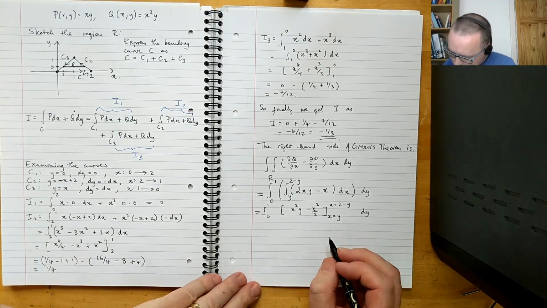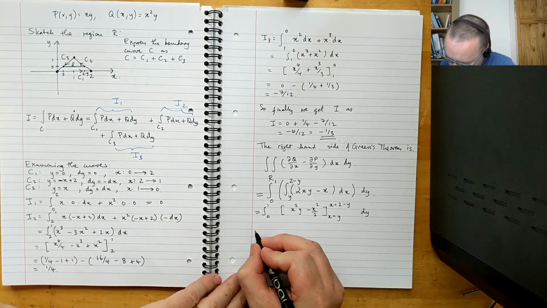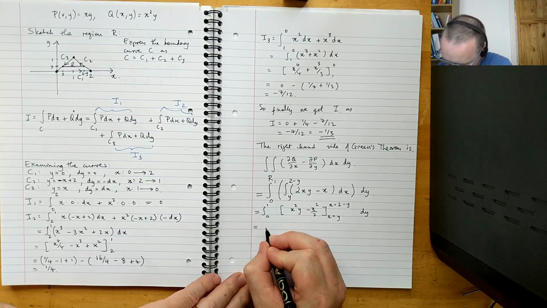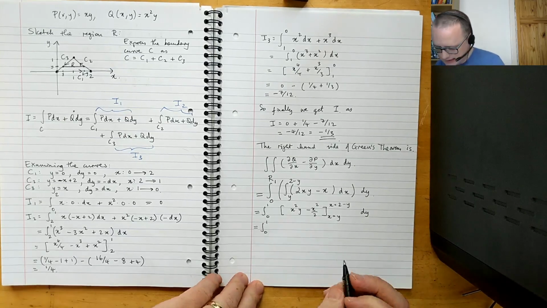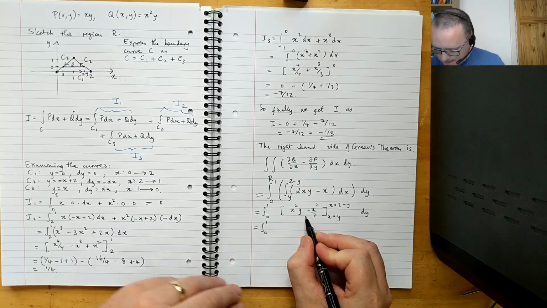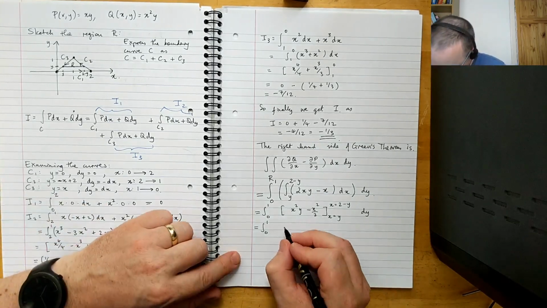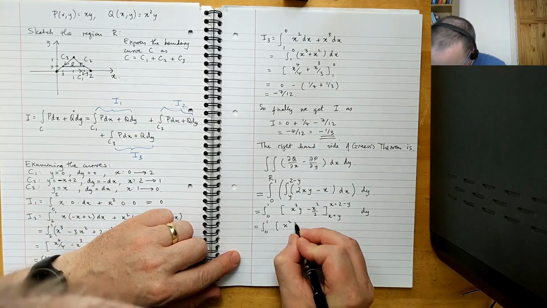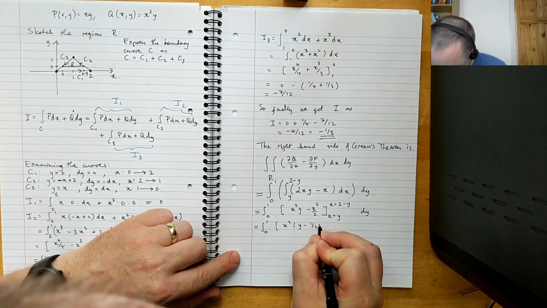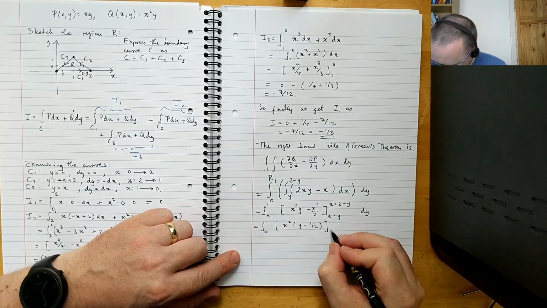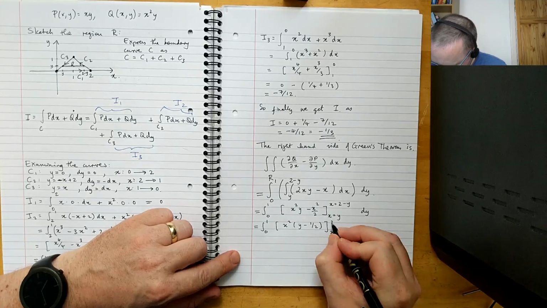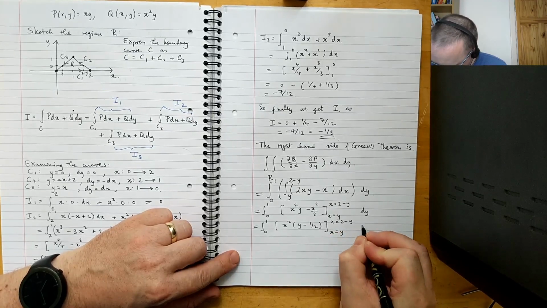Okay, so let's do this evaluation here, or in fact, just to control the length of it, factor out the x squared bit. So this is x squared into y minus a half. Just organize it a bit better. x equals y, x equals 2 minus y, dy.